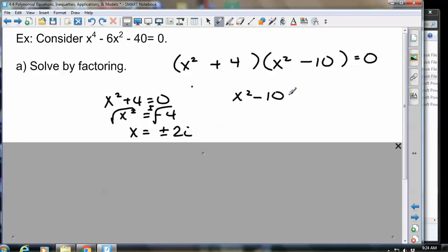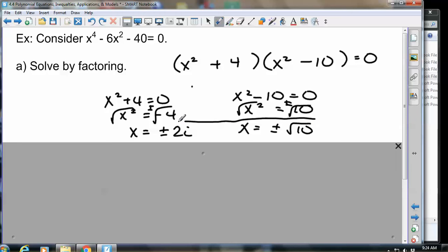This one, 10 isn't a perfect square, so you could do difference of squares, but it's going to be a little ugly. We could just solve it. Can you break down the square root of 10? I get plus and minus radical 10 on that one.